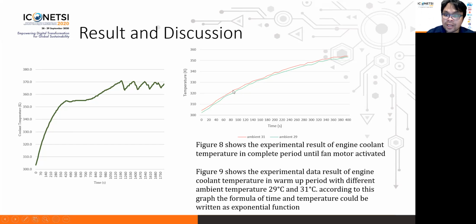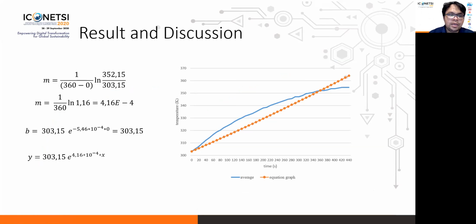With this graph, we can see the shape is like an exponential function. So I created a new formula for this graph using the exponential function. First, I look up the gradient with this equation, and the result is 4.19 times 10 to the power of -4. And then the B number is like this. Every number with the power of 0 becomes 1.